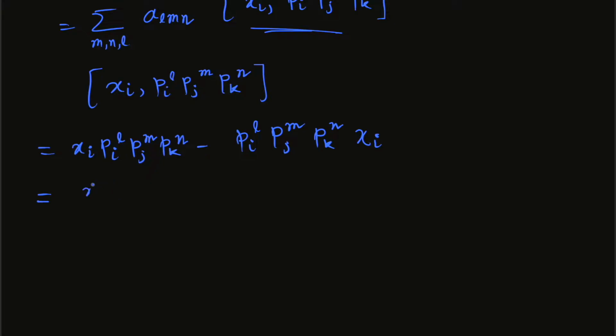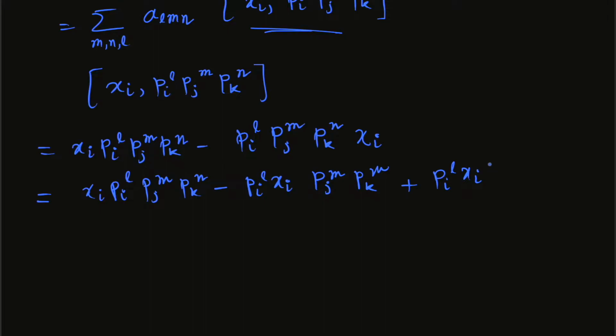So let us first add x_i p_i^l p_j^m p_k^n, subtract the first term, that will be p_i^l x_i p_j^m p_k^n. Then we have to add this term, so we add p_i^l x_i p_j^m p_k^n, minus p_i^l p_j^m p_k^n x_i.